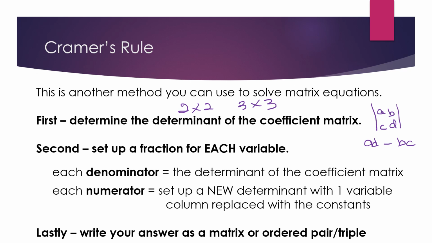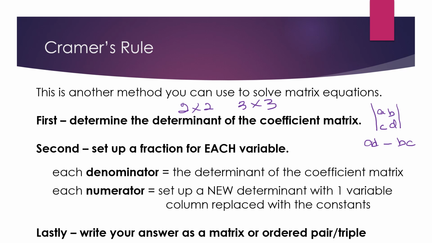The second part is where it is a little bit cumbersome and you have a little bit of work. For each variable, so for a 3 by 3, for the x, the y, and the z, we're going to set up an individual fraction, find a new determinant for a new matrix for each one of those variables, and divide it by the determinant of the coefficient matrix.